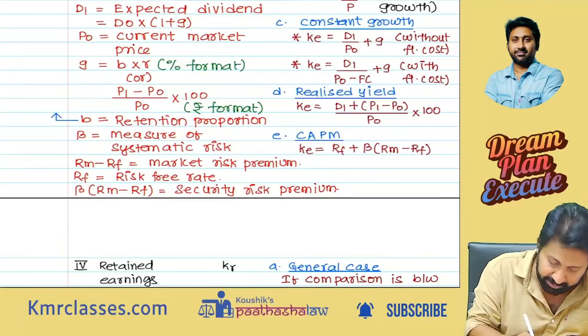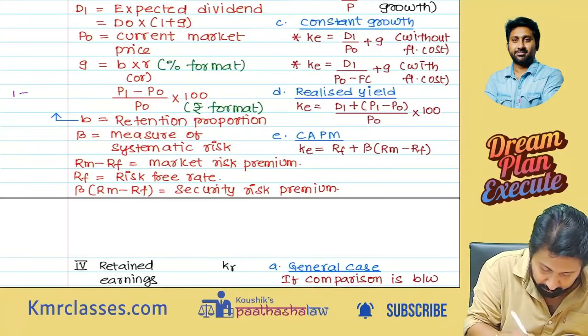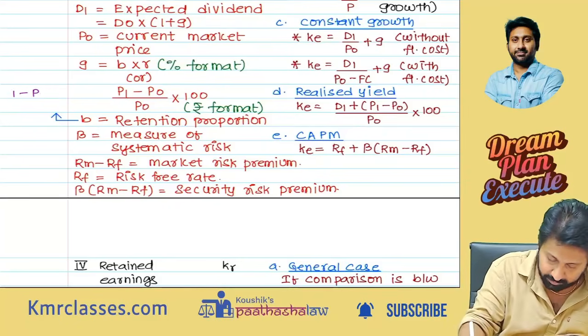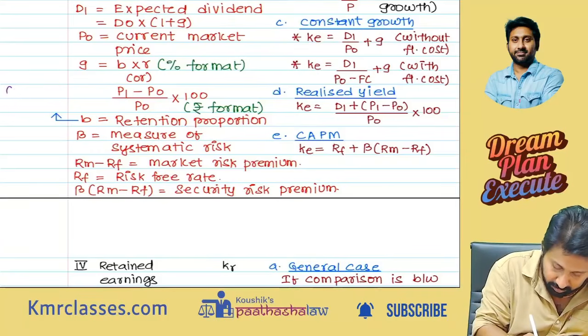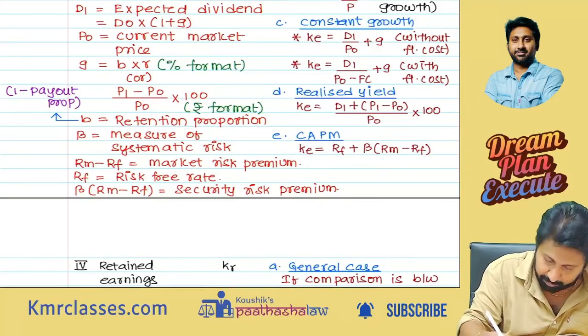Retention proportion means 1 minus payout, that is, 1 minus the payout proportion.